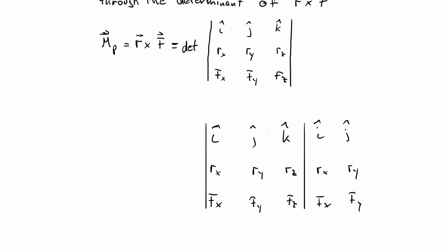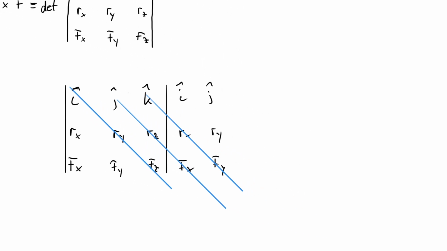What I call the downwards diagonals, the ones that go from the top left to the bottom right, are positive diagonals, and so is this one, and so is this one. But I also have upwards diagonals, those are the ones that go from the bottom left to the top right.